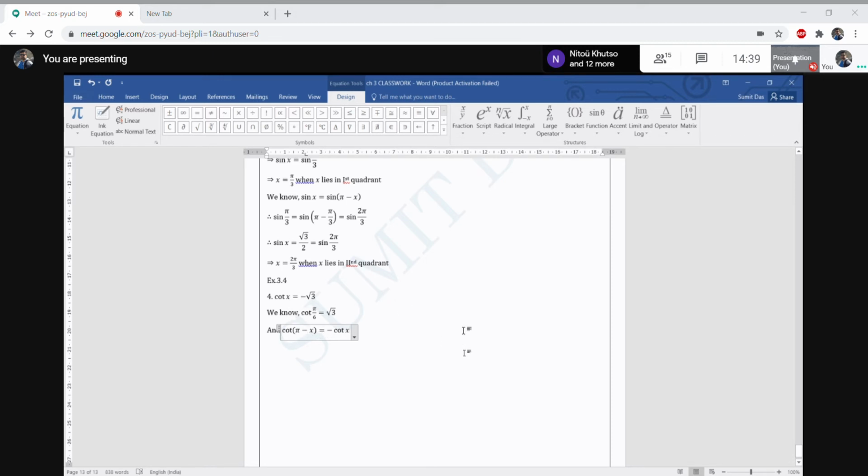Therefore cot(pi minus pi by 6) is equal to minus cot(pi by 6), which is equal to minus root 3.